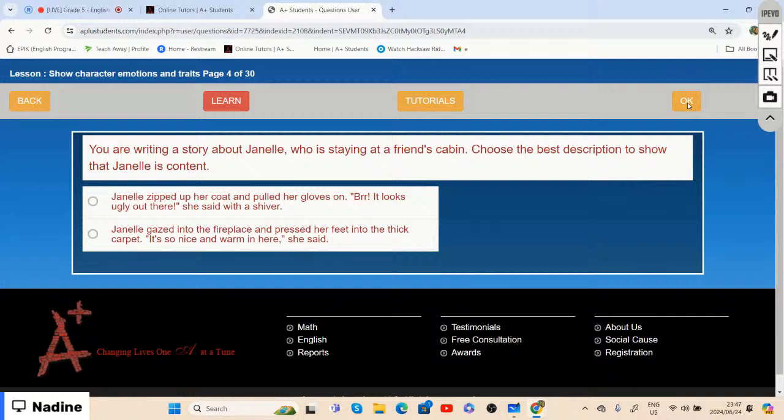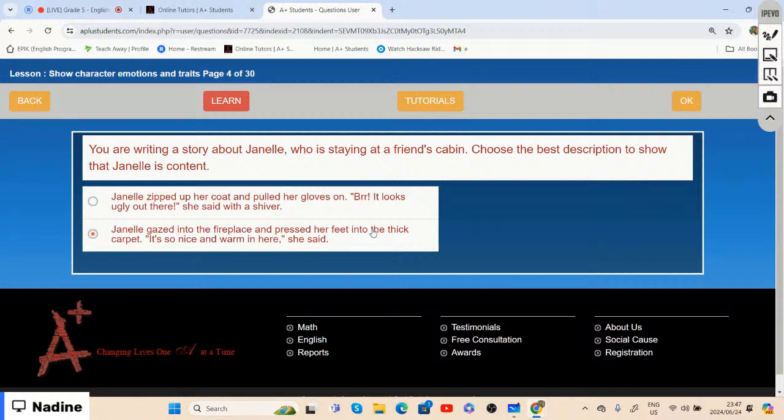All right, so if we were to choose the correct one, then most definitely we would go with option two, right? Where we say Janelle gazed into the fireplace and pressed her feet into the thick carpet. "It's so nice and warm in here," she said, right?